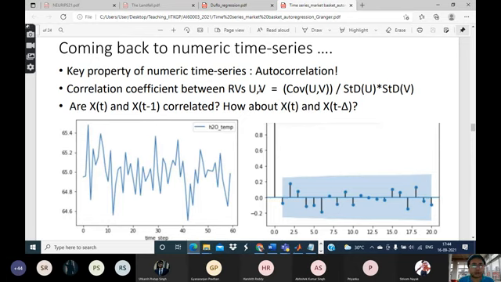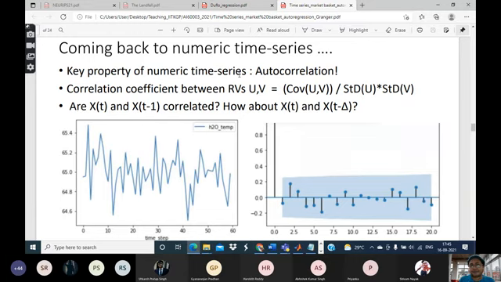Now coming back to time series. Suppose I have observations at various time points. I may be interested in answering this question: for any time point, are x_t and x_{t-1} correlated? Consider any time point, say t equal to 29. Suppose at t equal to 29 there is a rise in x.